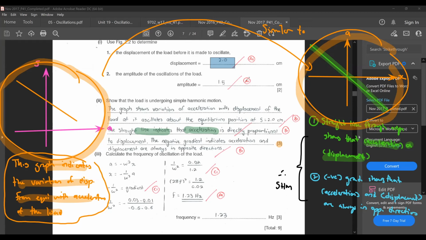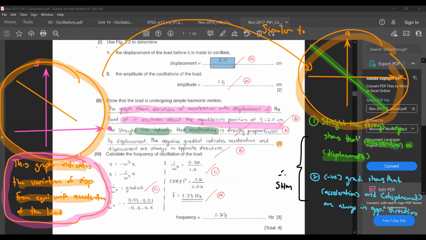Okay. The written answer from the work solution says this now. The graph shows variation of acceleration and displacement of the load as it oscillates about the equilibrium position at s equals to 2 centimeter. It's actually the same thing, but somehow this one feels a bit wordy. And when people read this, they don't know why on earth I actually wrote this. Okay, so I think it's better if you just write this.